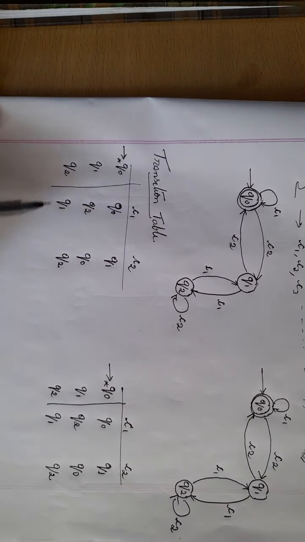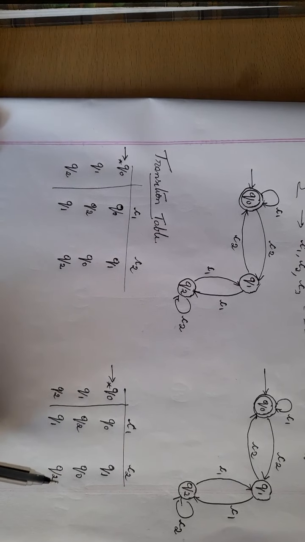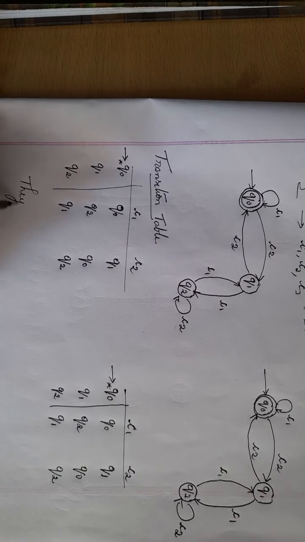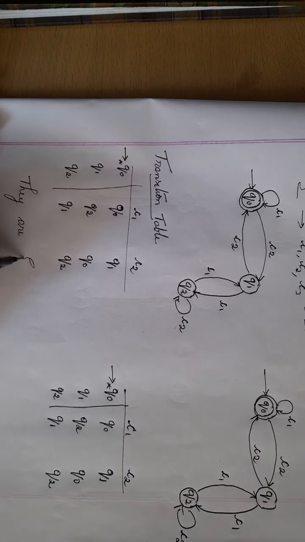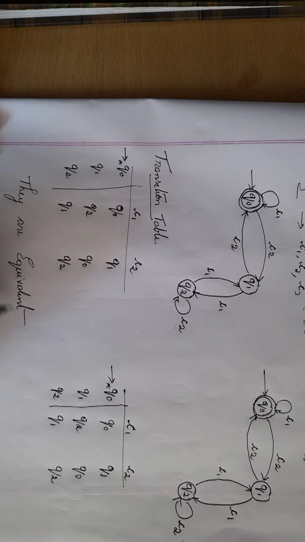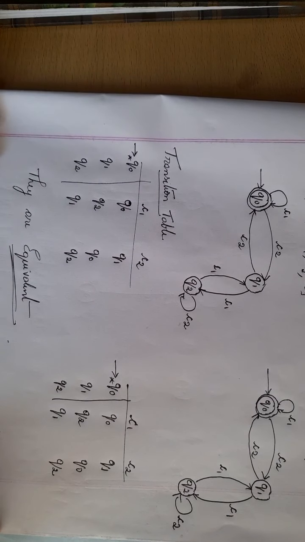Right now, by seeing the transition tables, both are one and the same. Since both transition tables are the same, you can tell that they are equivalent. So this is how you check whether they are equivalent or not.